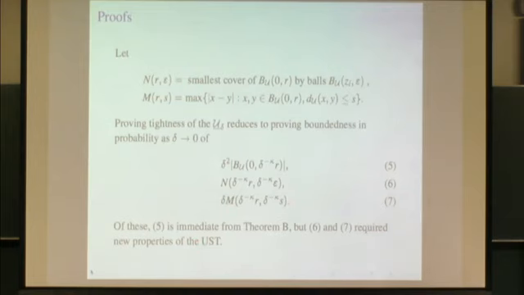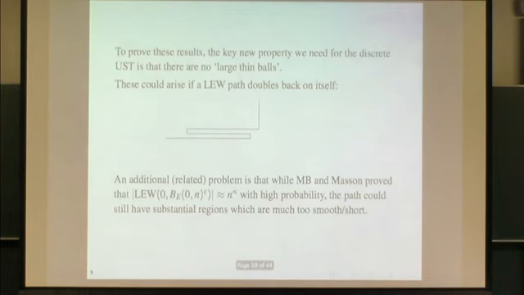In particular, to handle this quantity N(r, epsilon), we need to know that there are not these large, thin, exceptional structures, which I already pointed out are permitted by the earlier results. So one of the results we needed was that there are no large, thin balls.